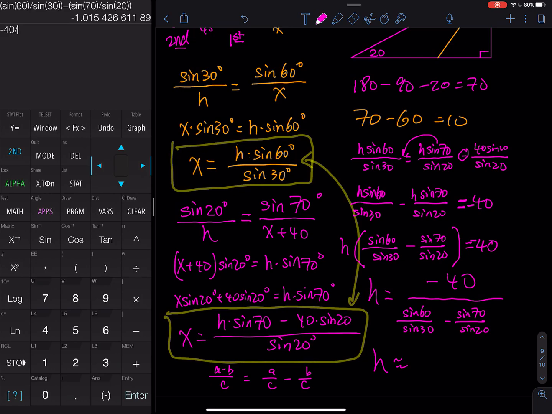So we will type second, and then you type the negative key. So you see ANS, the answer of the previous computation. And then you type enter. So now you have the height is around 39.39 feet. And that is the answer of this question.